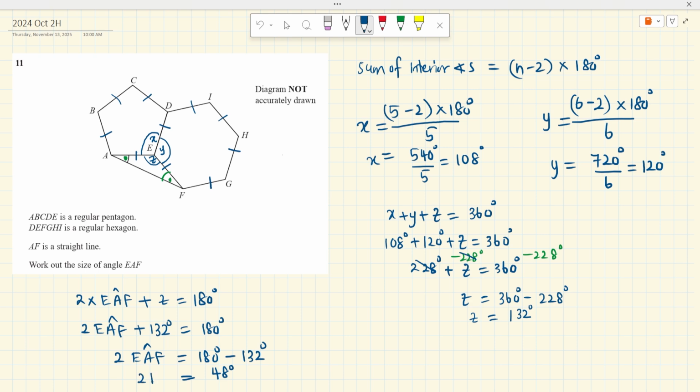So 2 EAF equals 48. Then EAF equals 48 divided by 2. Then EAF equals 24.